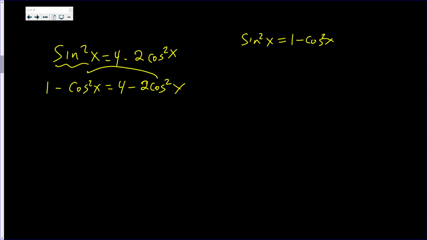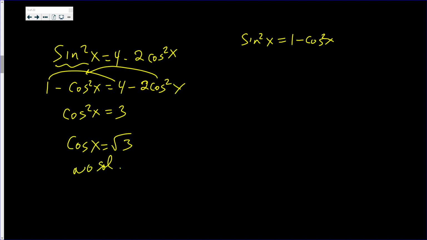So I bring this over and I'll have 1 cosine squared x. I bring that over, I get 3. 4 minus 1 is 3. So cosine x must be the square root of 3, and there is no solution.